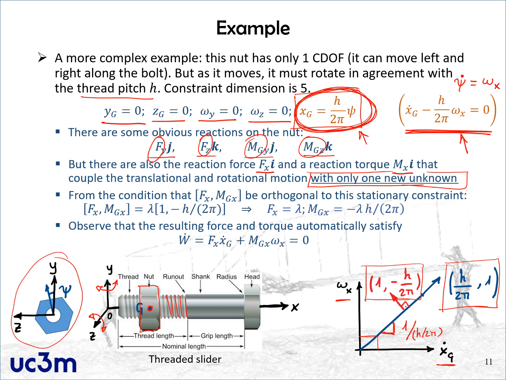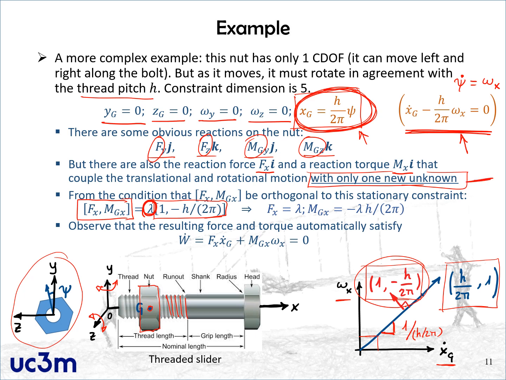So using this information, the fact that we know that the reaction has to be normal to the equation of the constraint, we can say that this vector constituted by fx and mx has to be parallel to this normal vector, the red one here on the drawing. And since we just say that they have to be proportional, let us put here some unknown factor.